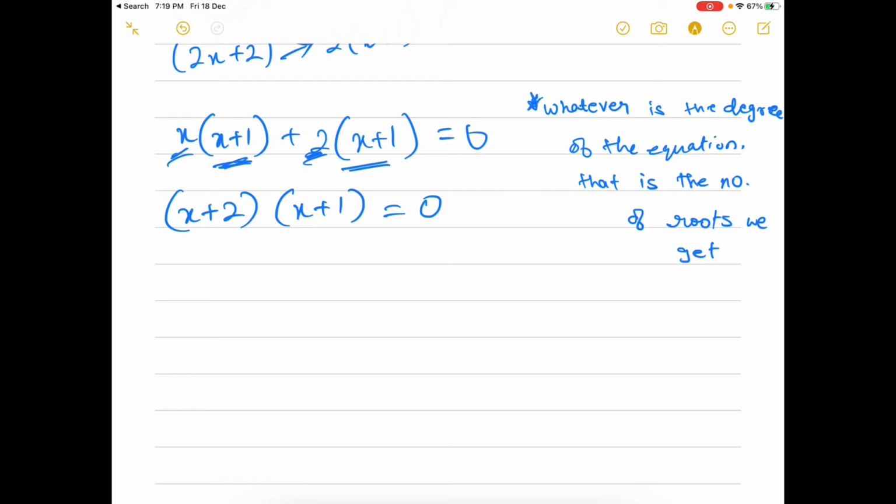Note it down. Okay, so what basically is meant by roots? Roots are the solutions of x or any variable present in the equation. And degree is the highest power of the equation. Here in quadratic, that is 2. So we get 2 roots.